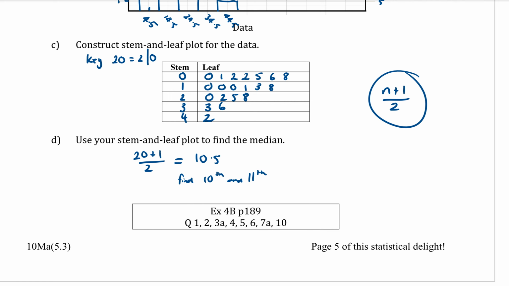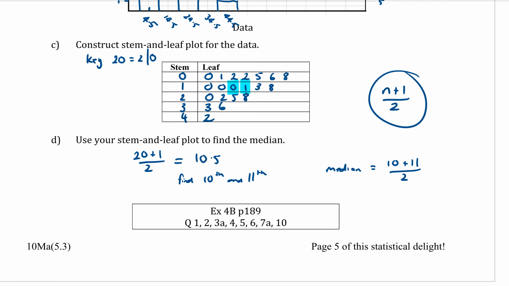So when I look through my stem and leaf, 1, 2, 3, 4, 5, 6, 7, 8, 9, 10, and 11 is that 0 and that 1. To find the median, I will add them together. So median equals 10 plus 11.